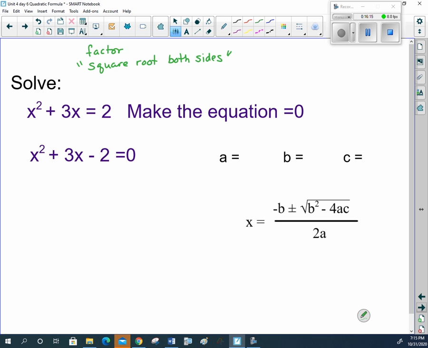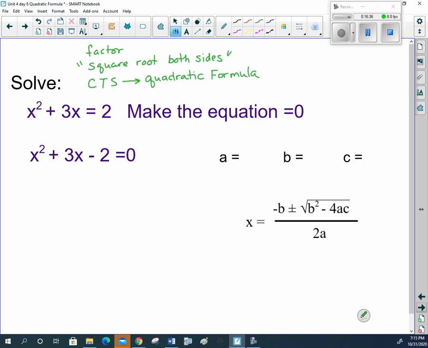We have completing the square, but I think I'm going to change that. Unless I'm writing it in vertex form, I'm probably not going to complete the square anymore. I'm just going to jump straight to the quadratic formula. So I've got these three methods to help me solve a quadratic.